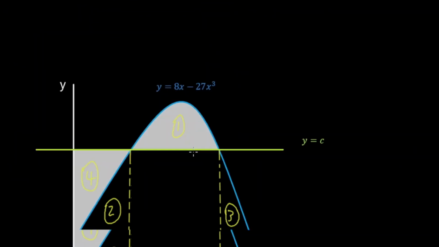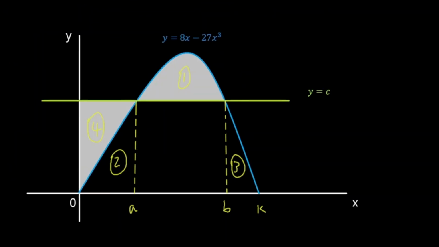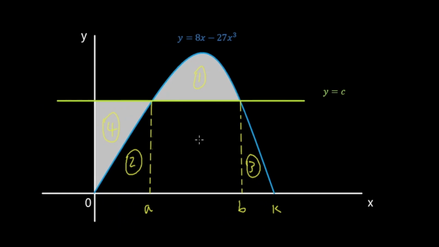Now notice that what we really want is only area 1. We don't want 1 plus 2 plus 3. So what do we have to do? We take the total area of 1 plus 2 plus 3, subtract the areas of 2 and 3 to get the area of 1, and then we can compare with area 4.